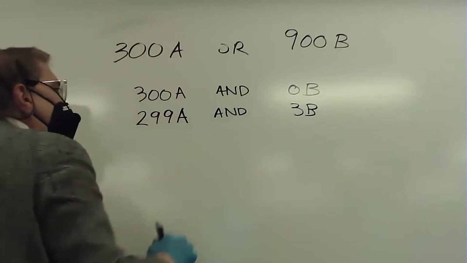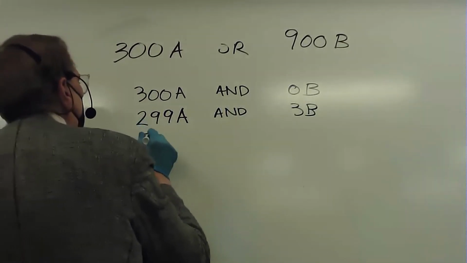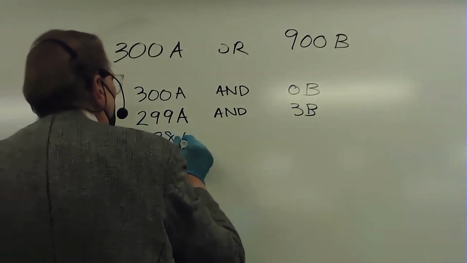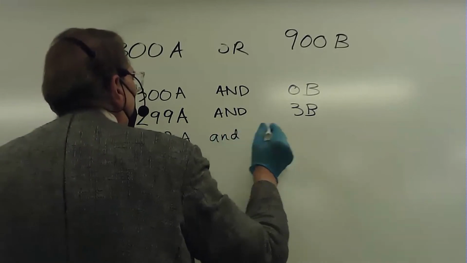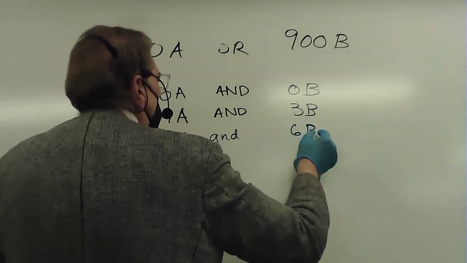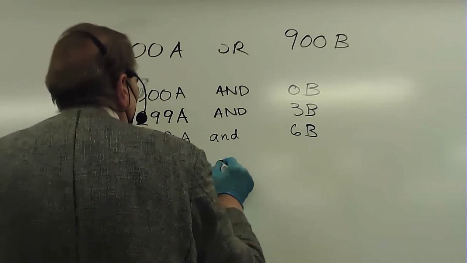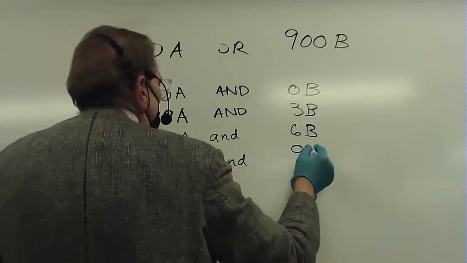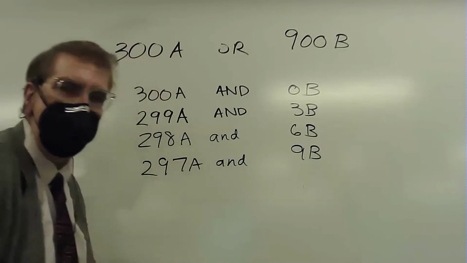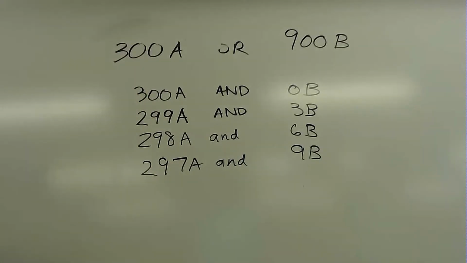So that's a combination that you could have. Another is 298A, and with it you would get 6B, and so on. So the "ands" come out of the "ors."